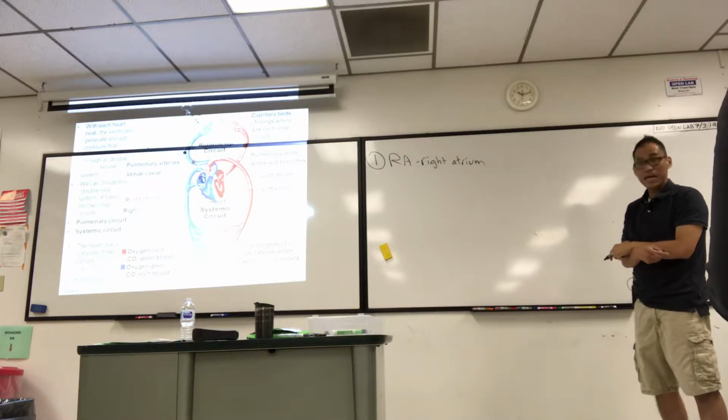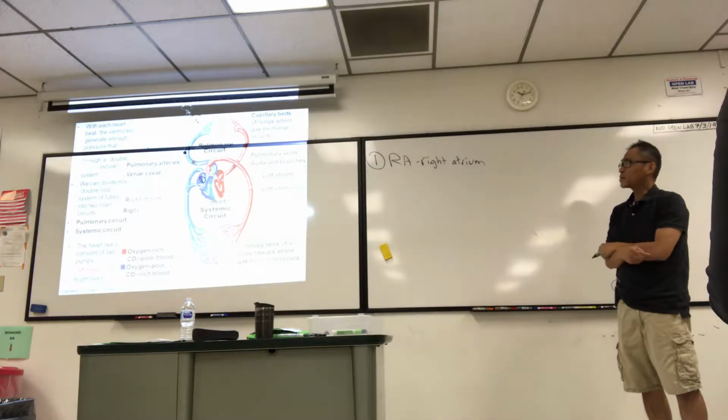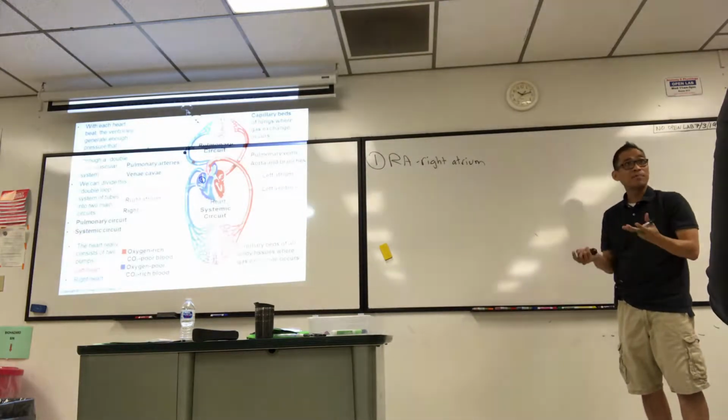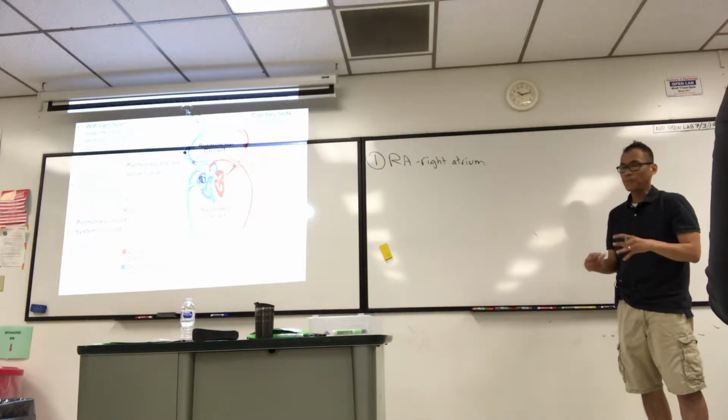Okay. Now the atrium, there's a left one too. Basically, these are receiving chambers. They receive blood, and the right atrium receives the deoxygenated blood from the whole body.